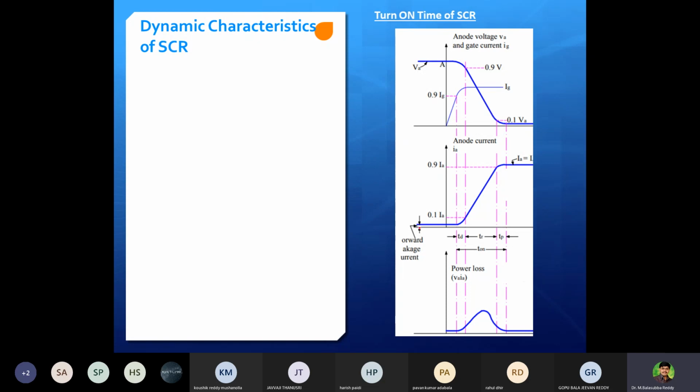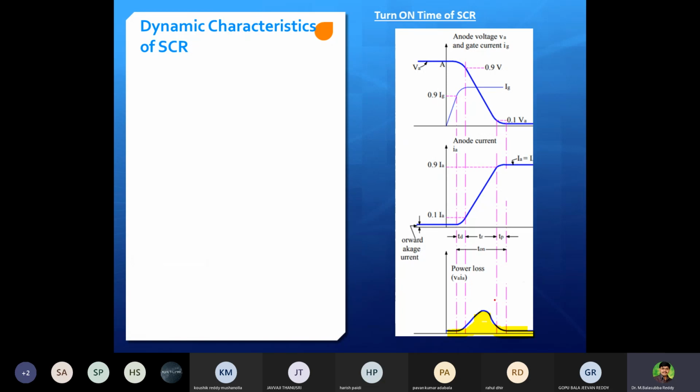In the second graph we can see the anode current, and the final one is the power loss or switching losses. Just a minute, I will shade this portion. This is nothing but the losses. Whatever is shaded yellow, that one we call the loss.